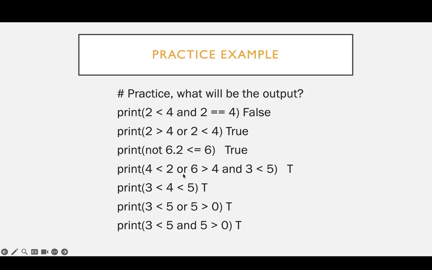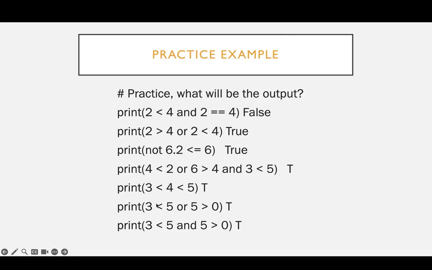So keep evaluating, or 6 is greater than 4. This is true. But the last one is an and. 3 is less than 5. This is true. So this is true and true, false or true, so this is still true.